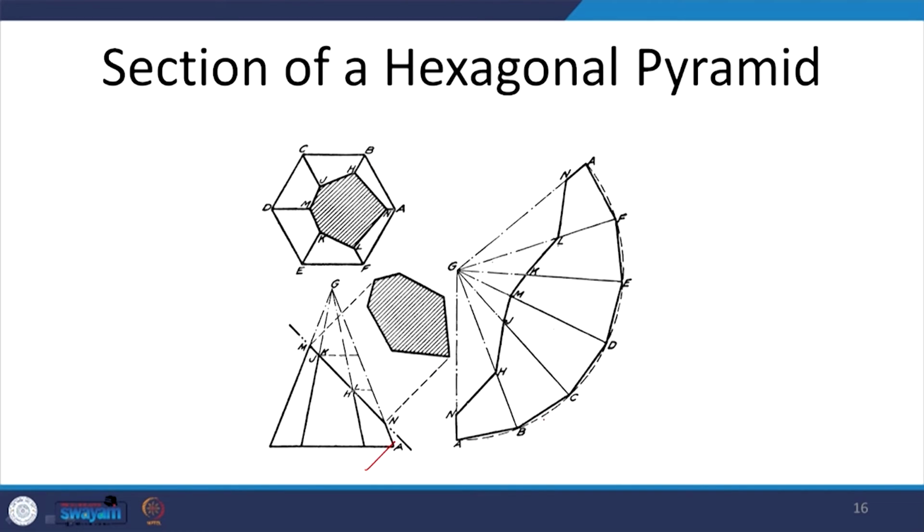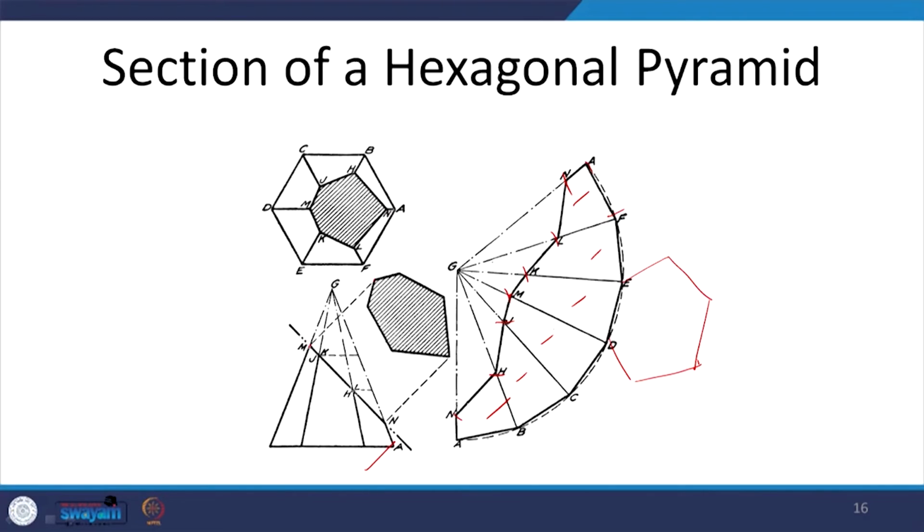We have the hexagon in the base, the same 6 edges, 6 equal triangular surfaces, different heights which we will get here, and in the bottom we will have the hexagon, and in the top we will have this true shape.